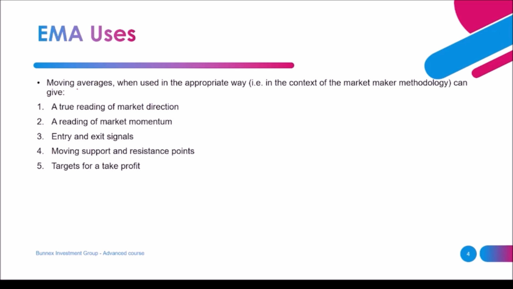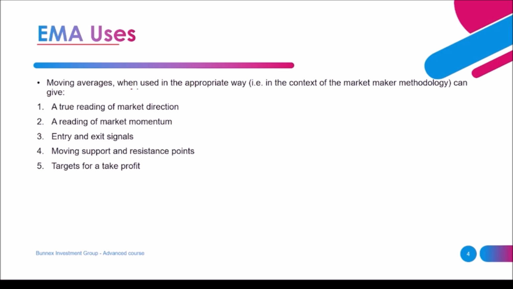So basically, what are moving averages? What are exponential moving averages? So exponential moving averages are basically indicators that plot the average of closing candles over a particular set period.